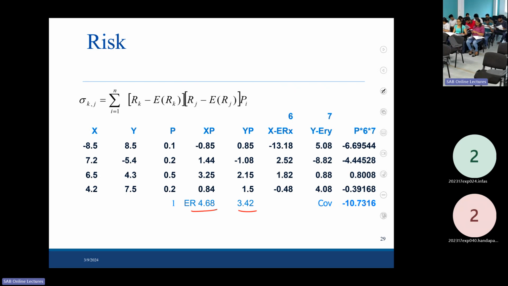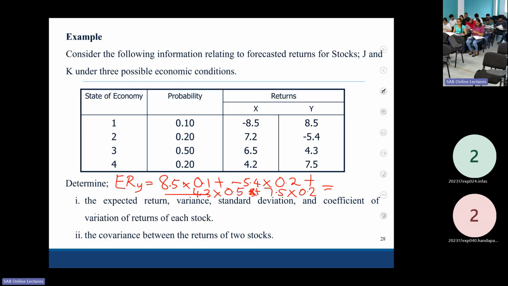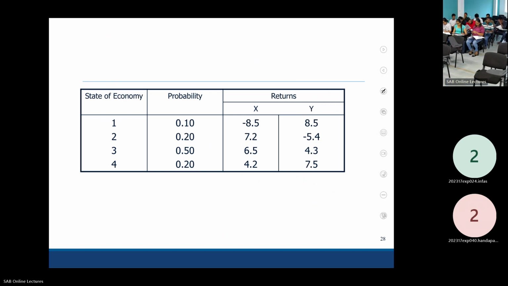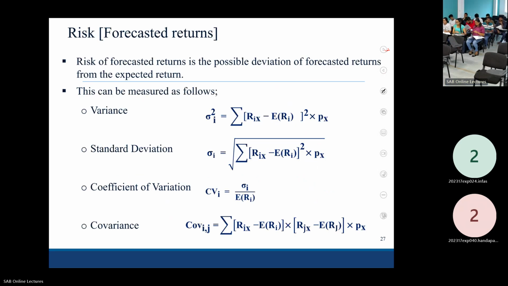So the next part is, now we have to calculate the risk of this expected return. Earlier we discussed risk based on the average, based on the historical annual returns. Now the risk is the same thing, but based on the expected return. You learned how to determine the expected return just now.